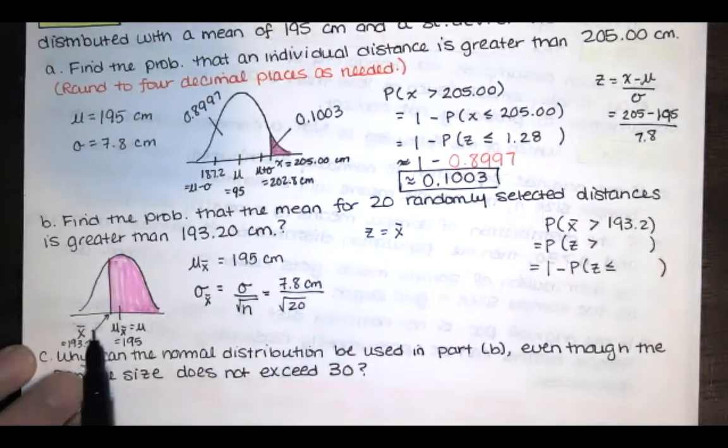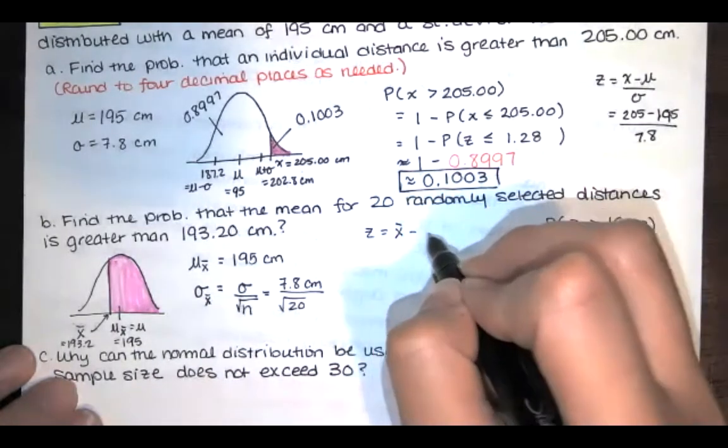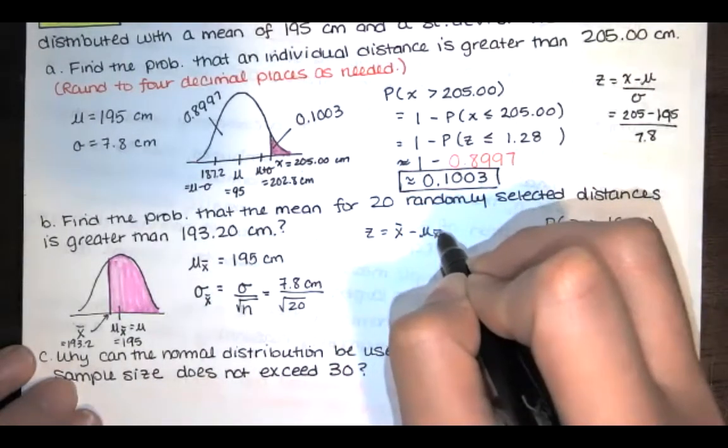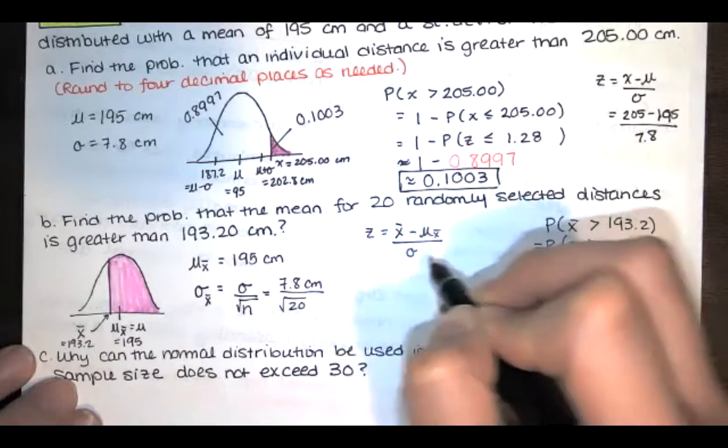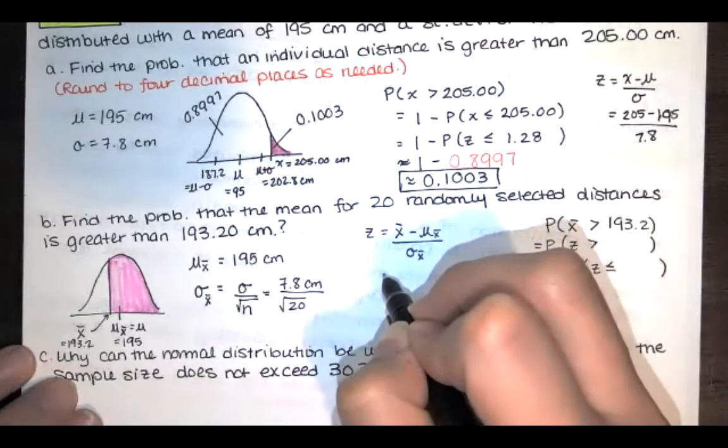We're going to take this sample mean, that 193.2 that was proposed, and then we'll subtract the mean of the sample means, and we'll divide by the standard deviation of the sample means.